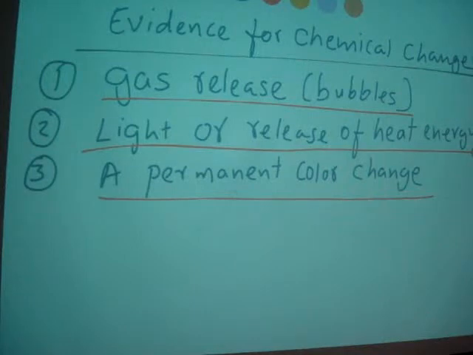If it is a permanent color change, then you can say there is a chemical change. Alright, so these are the evidences for chemical change: gas bubbles or gas release, light and release of heat, and permanent color change.